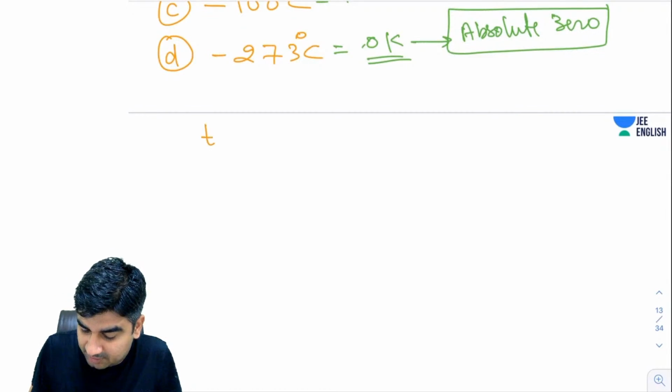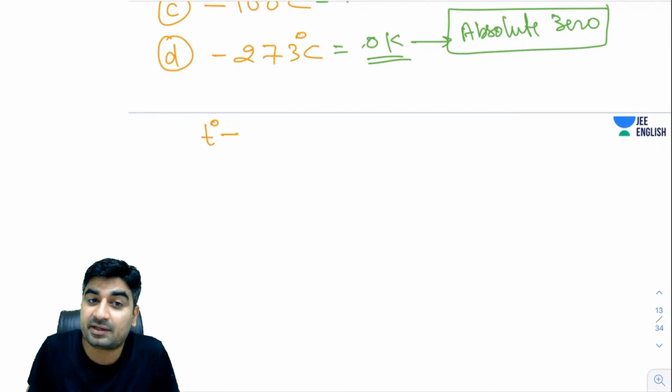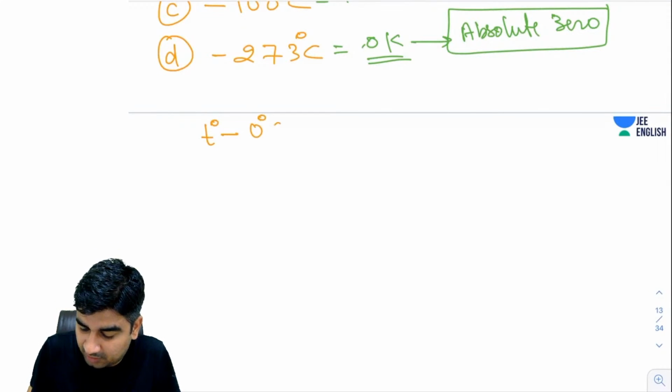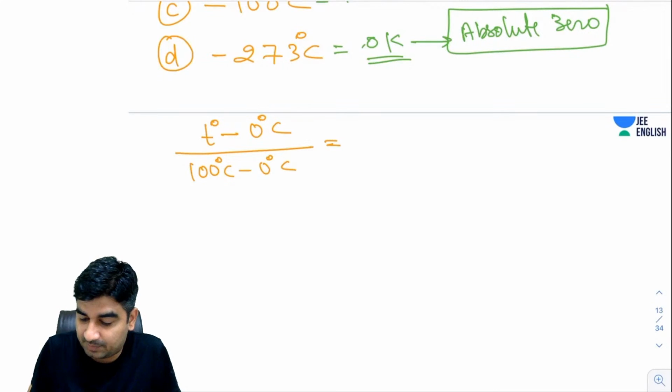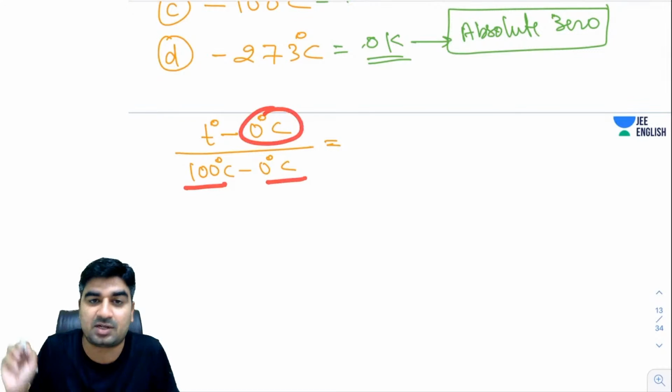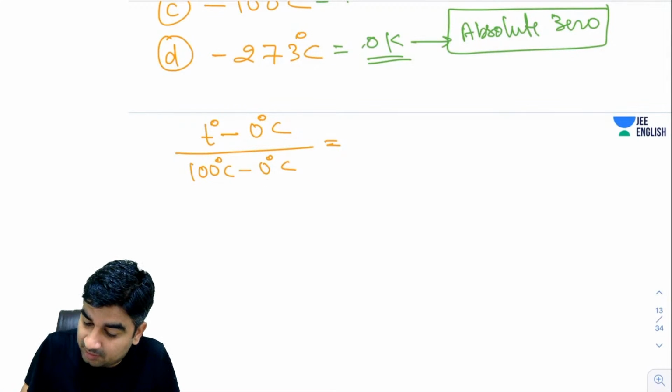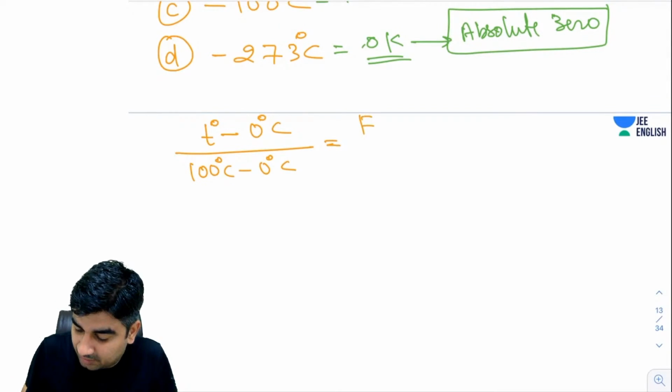So the formula is T degree. Suppose I am taking degree Celsius, so freezing point of water in degree Celsius is 0 degree and boiling point is 100 degree. So 100 minus 0. So it is basically boiling point minus freezing point, and here we have freezing point. Similarly, there is a Fahrenheit scale as well.